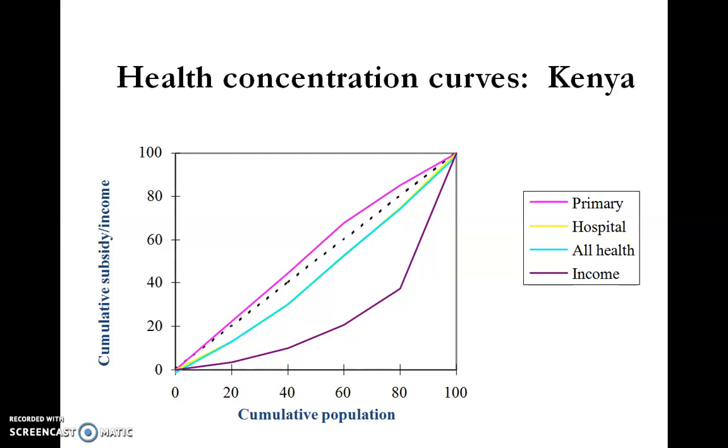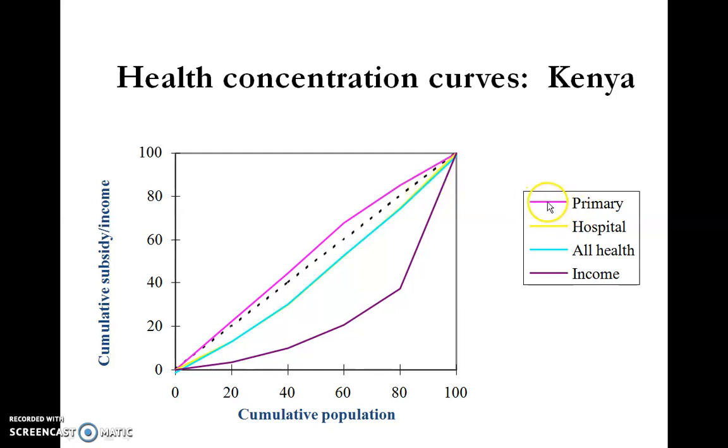When government steps in and subsidizes public goods like hospital care or all health care, you can see that it is considered to be what we would refer to as only redistributive. So it's redistributive because it lies above the Lorenz curve, but it is not per capita redistributive because it doesn't lie above the line of equality.